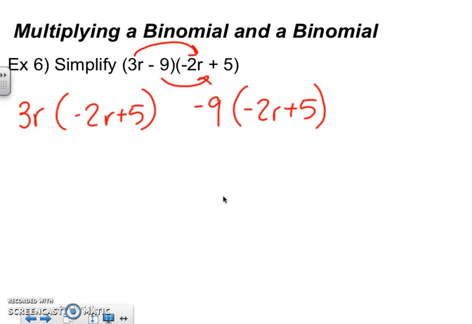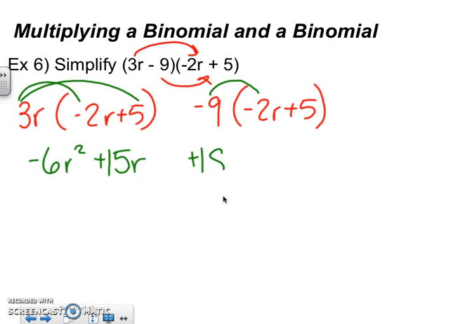Once you set it up as two distributive property problems, we're going to multiply. 3 times negative 2 is negative 6, and an r times an r is an r squared. 3 times 5 is 15, and bring down that r with that 3. You're going to come over here. Negative 9 times negative 2 is a positive 18, r. Negative 9 times a 5 is a negative 45.